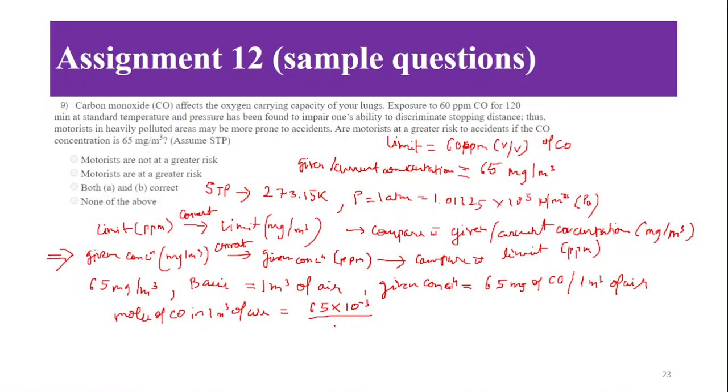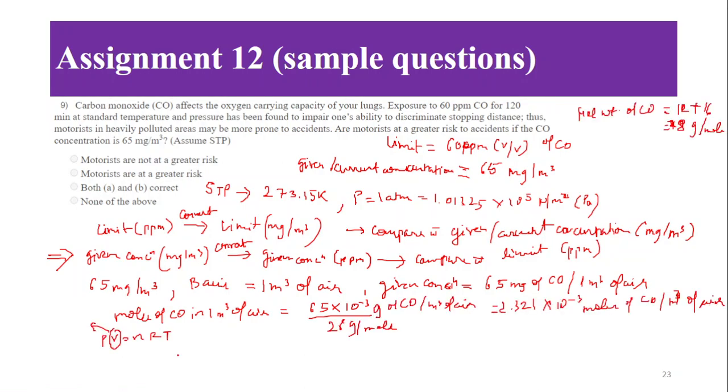Now we know the moles of CO. Now through PV is equal to nRT ideal gas relation, we can find out what is the volume of these many moles. So volume of CO, that will be nRT by P. Okay. So here we know 2.321 into 10 to power minus 3 into R is 8.314.